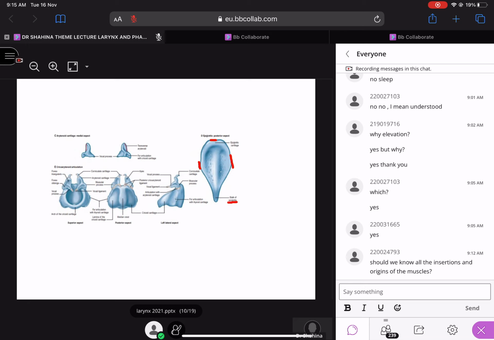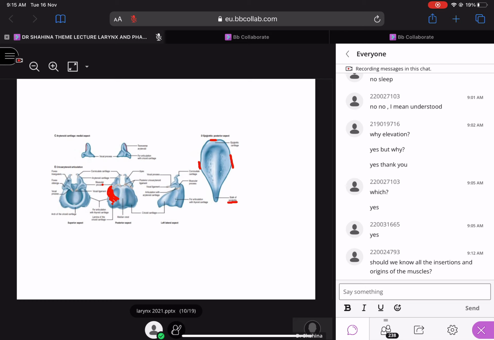Now here you can see, this is the muscular process. This muscle will come from here and go here like this. So it is like this, isn't it? The fibers coming like this. Got it? Now what will happen? What is our rule?